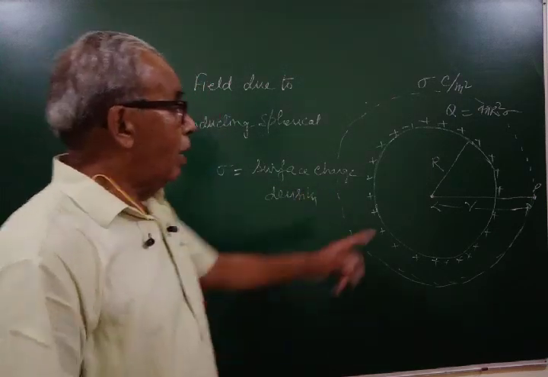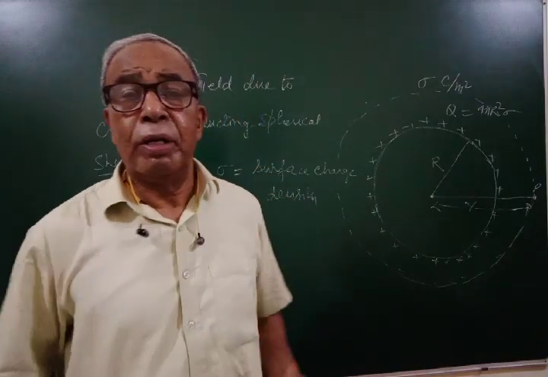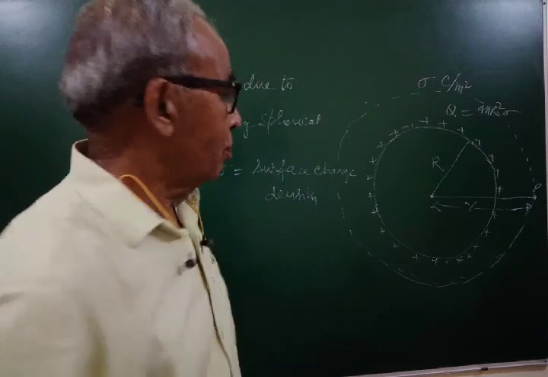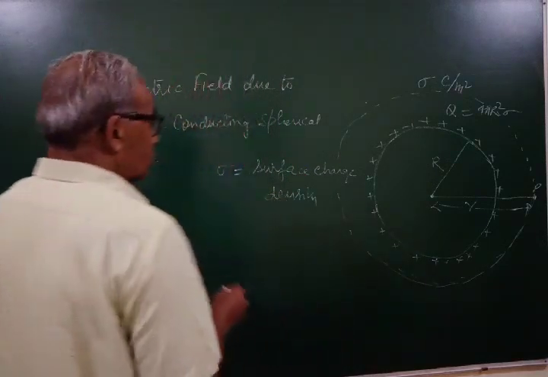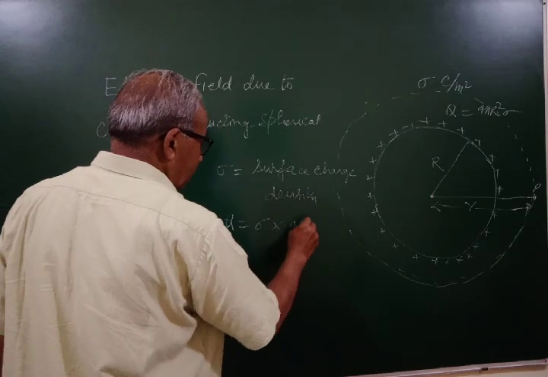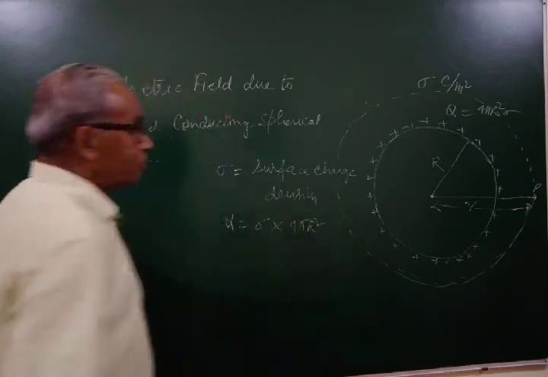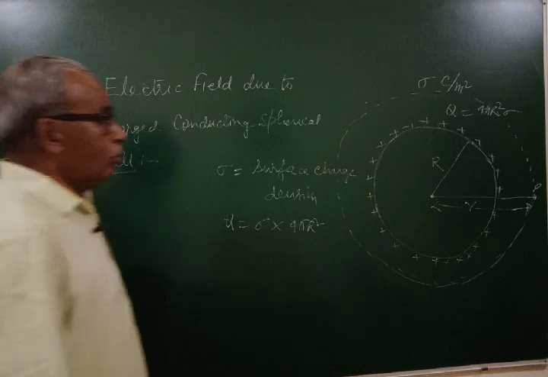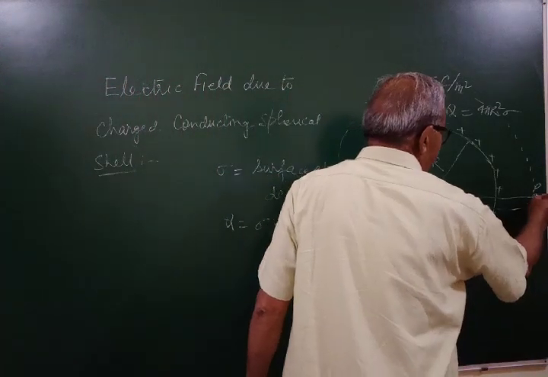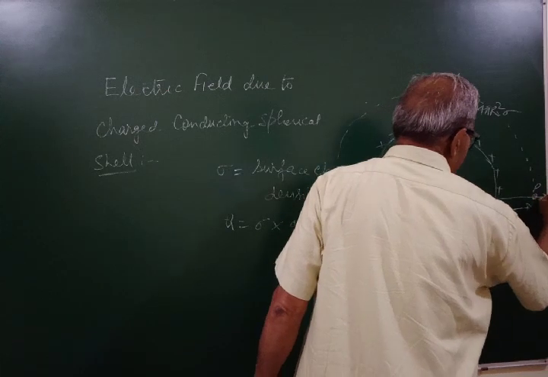If r is the radius of the sphere, then the surface area is 4 pi r square, and hence the total charge Q is sigma into 4 pi r square. This charge gets spread over the whole surface. We can find the electric field at any point P outside.